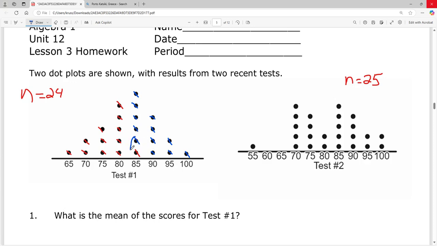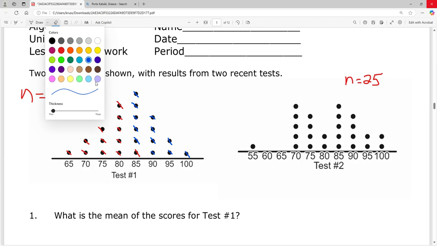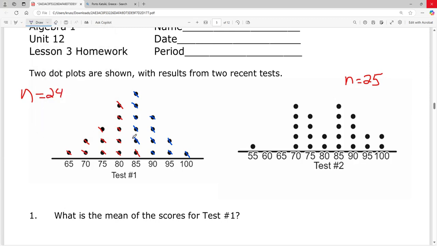So right here is where the two data points meet when we use that method, right? So the way to figure out what the median is, you add 85 plus 85 and divide by 2, and you'll get the median. The median is 85.